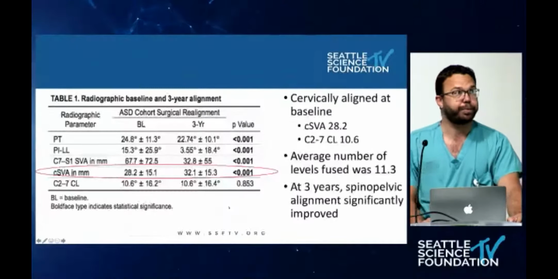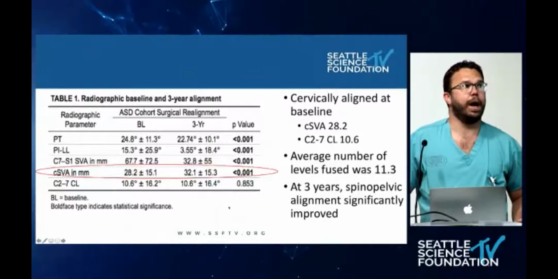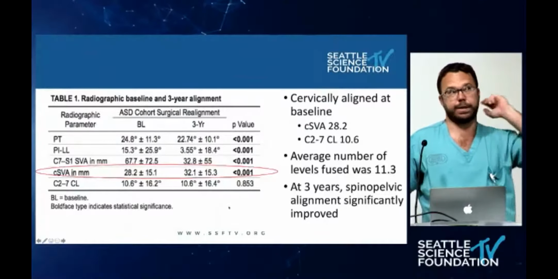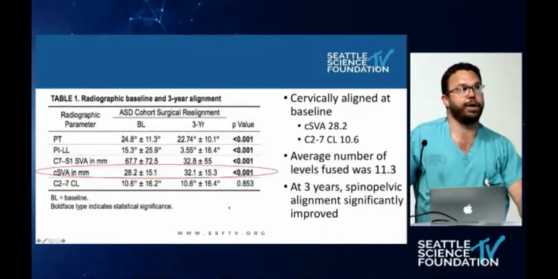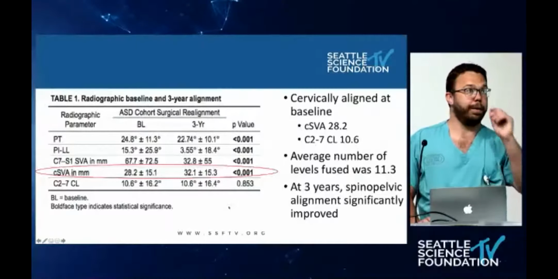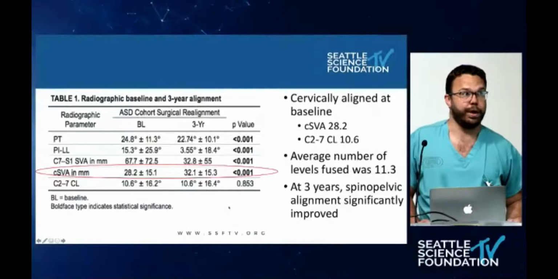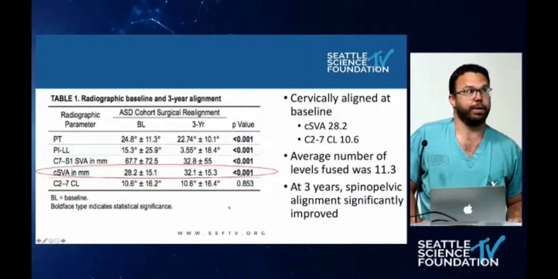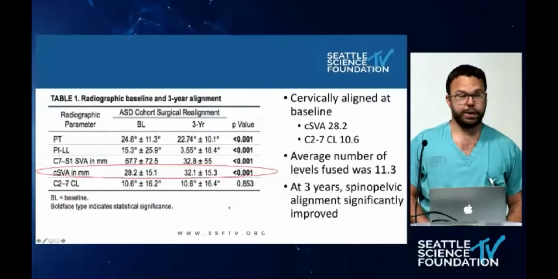Right. So table 1, they did simple radiographic baseline assessment compared to a 3-year alignment. And all patients were cervically aligned at baseline with average cervical SVA of 28.2 and then cervical lordosis about 10.6.